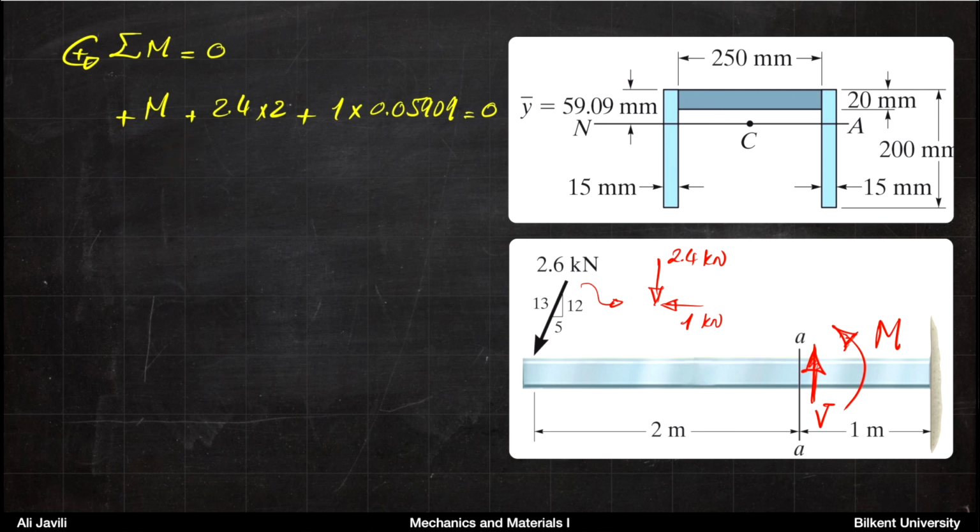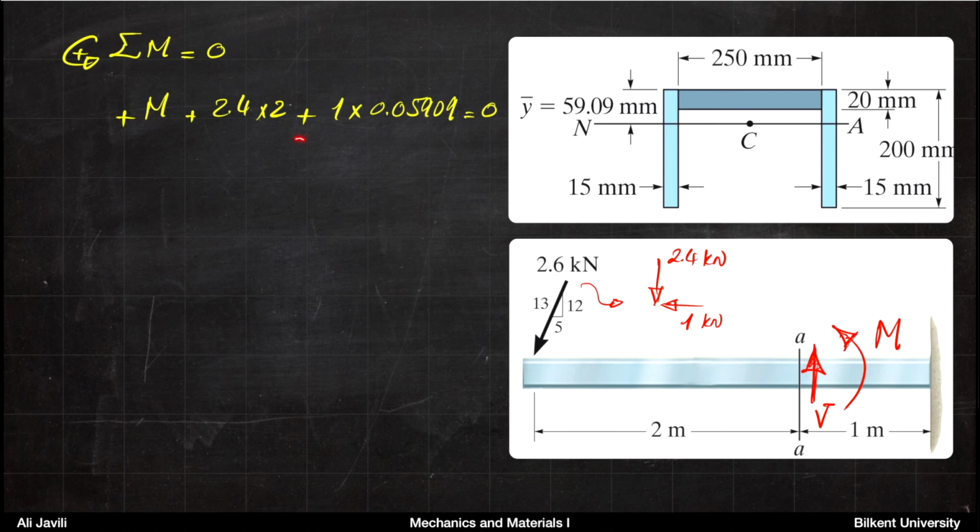And then you have the horizontal component of the force, 1 kilonewton, that basically is applied here. So it has a distance from the neutral axis, and because of that vertical distance, you also get a moment due to that horizontal counterpart of the force.